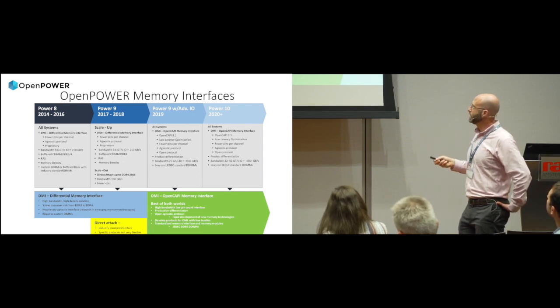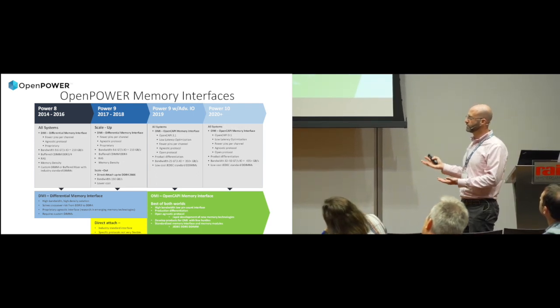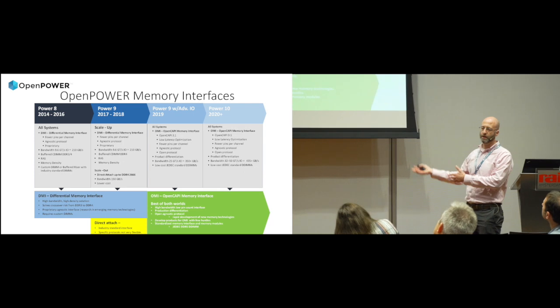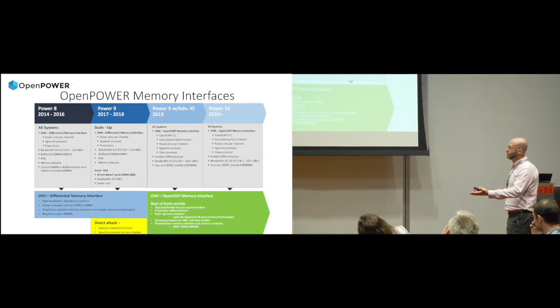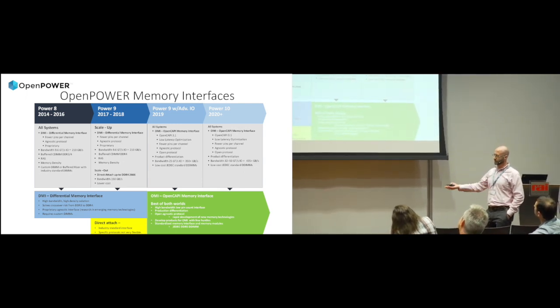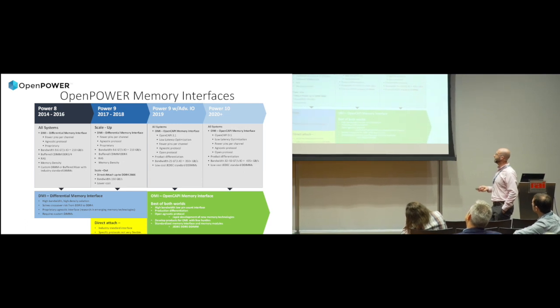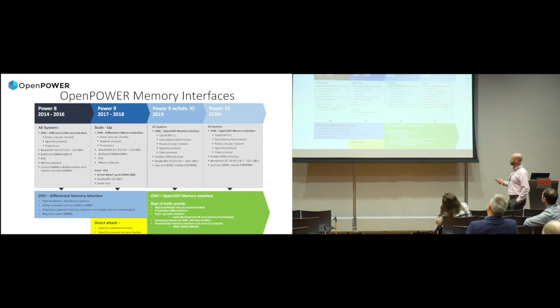So then we realized that we needed low-end solutions where we had direct attach, right? Because that allows people to take something that's not a customized DIMM and plug it into a system, right? That allowed you to go out into data centers and put in your P9 systems, and people could bring over their own DIMMs, things like that, right? So with the OpenCAPI memory interface, we're trying to do the best of both worlds, right?